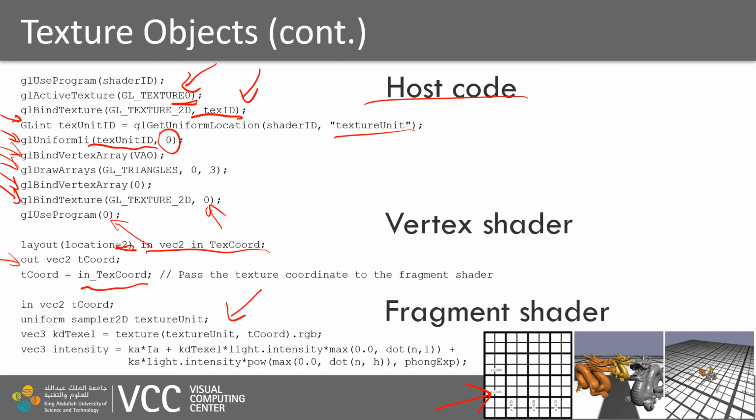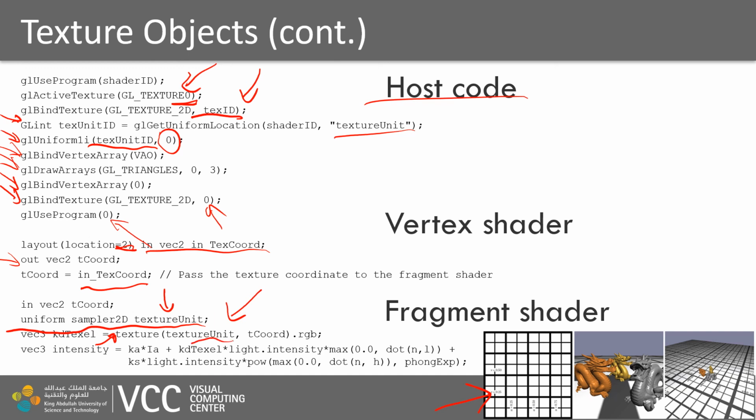In the fragment shader, we will be defining a sampler as the uniform for texture units. So we know that our texture unit sampler has value 0, and this is stored in this texture unit variable, and then we will be sampling our texture, which is stored in texture unit 0.